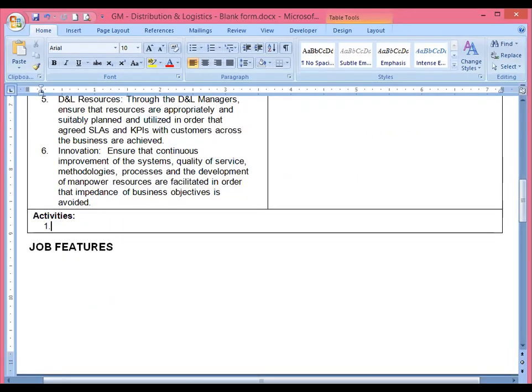The first one is to draw up a business plan and concur with the CEO.